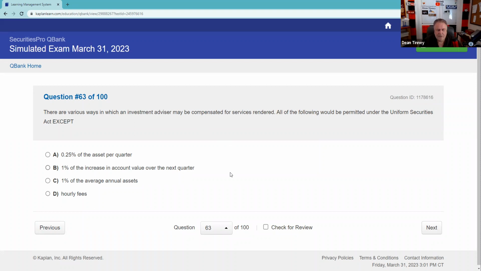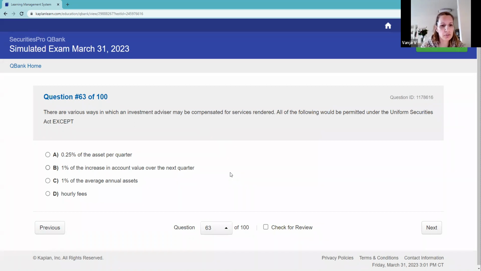There are various ways in which an investment advisor may be compensated for services rendered. All the following would be permitted under the Uniform Securities Act, except: hourly fees, true. Percent of the average annual assets, 1% of the increase in account value over the next quarter.